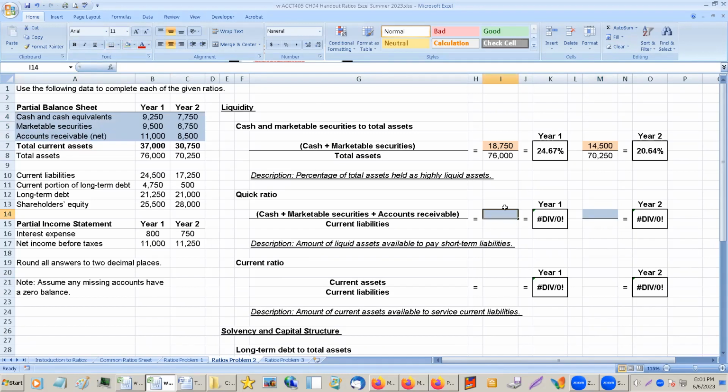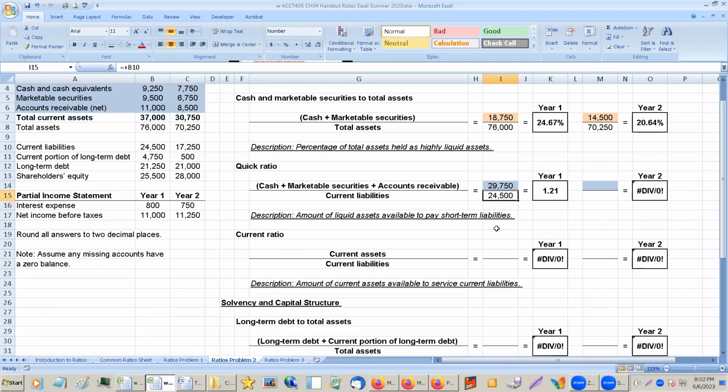So a quick ratio is if you had to get money quick, how could you pay off your current liabilities? How much of the current liabilities could you pay off?